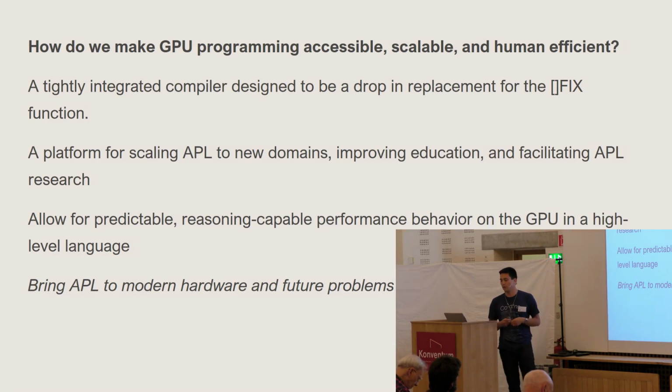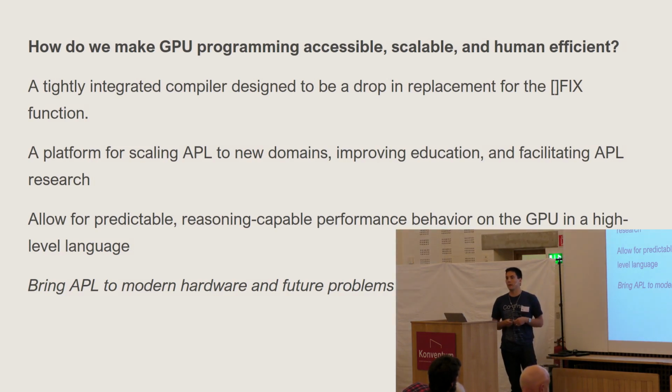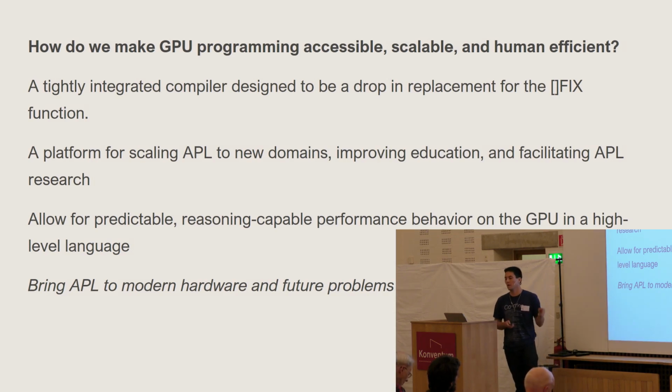I want to improve programming education and to facilitate further research into the APL language, but also basically allow the APL programmer to easily, relatively speaking, get to their GPU computing power without having to become CUDA or OpenCL experts or anything like that. Let them work inside of APL and do their work and bring APL into that modern hardware and future problem space.